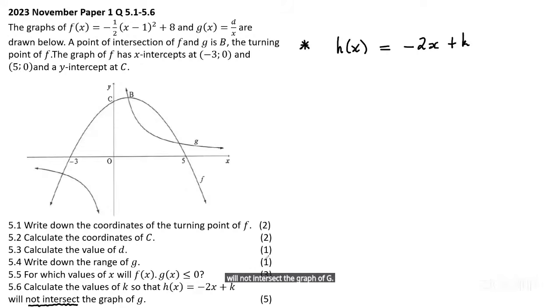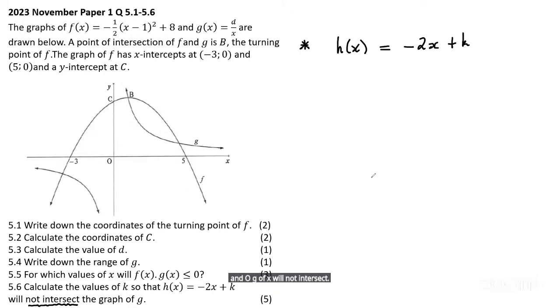Okay, all right. I need to hear this out. What you're saying, calculate the values of k. I don't even know what k is. But what I know is that h of x and g of x will not intersect.